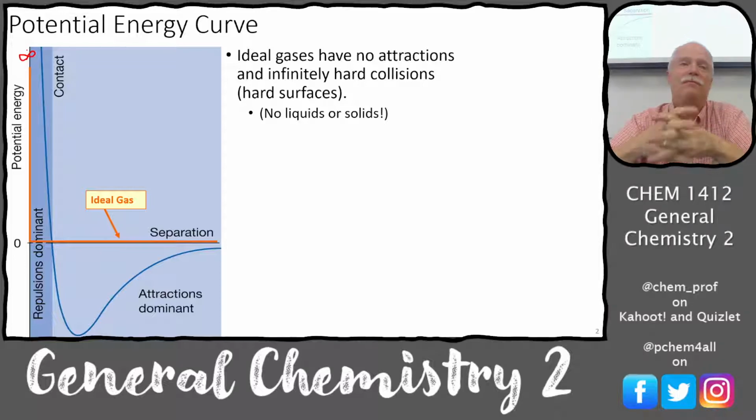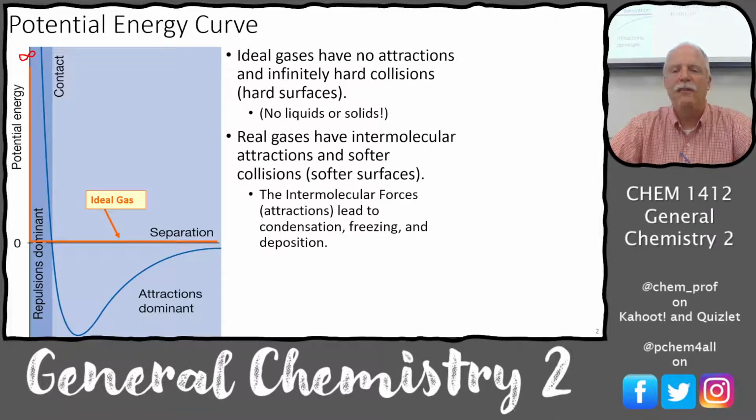Now, if you give water or hydrogen or neon or whatever enough energy, it'll behave like an ideal gas. In other words, they hit so hard that they don't even really realize there could have been some attraction there, some dipole-dipole forces, some instantaneous dipoles, dispersion forces. Gas molecules have so much kinetic energy that those intermolecular forces are irrelevant.